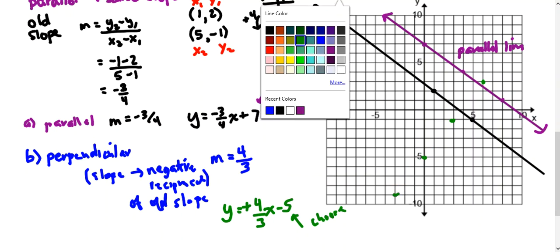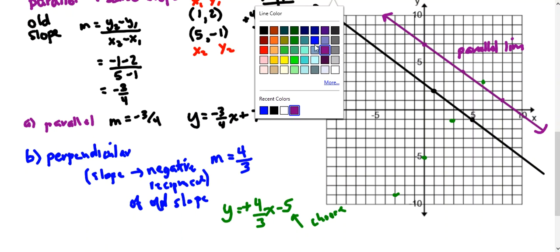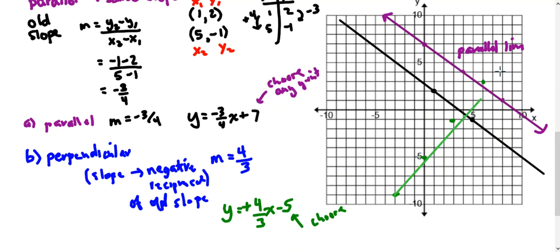All right, so now I'm going to draw my line. The sound effects are optional. All right, so there's my perpendicular line.